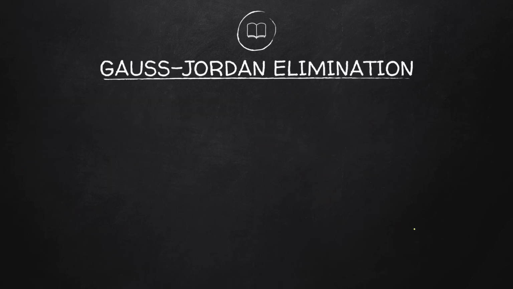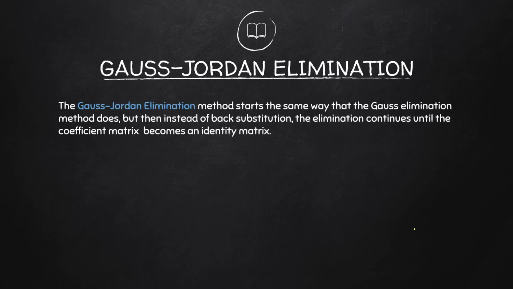So now we are going to discuss the Gauss-Jordan elimination. What is this? Gauss-Jordan elimination is similar to Gaussian elimination. It starts with the Gaussian elimination method, and instead of back substitution, it further continues the process of elimination so that we will arrive with the coefficient matrix becoming an identity matrix.